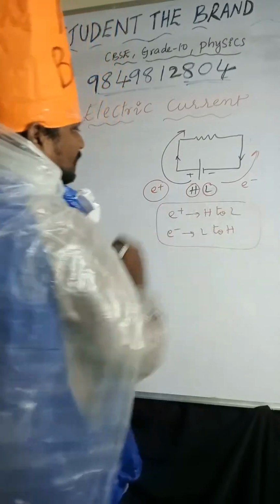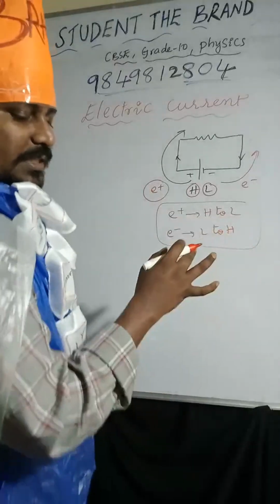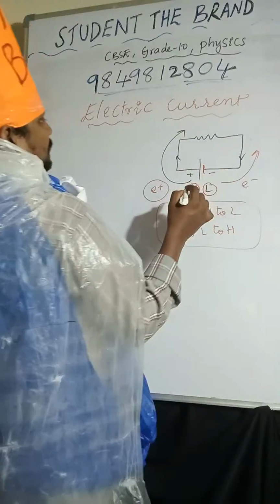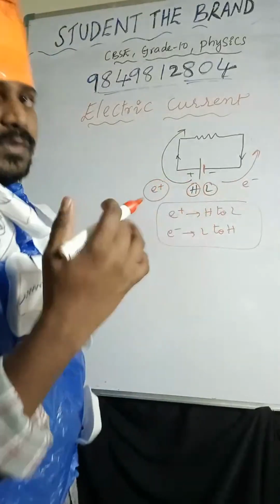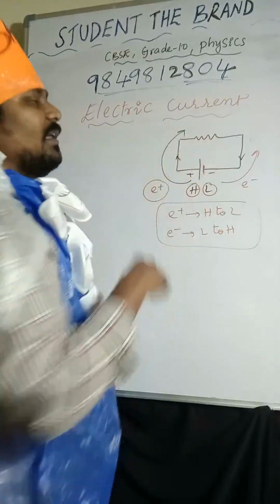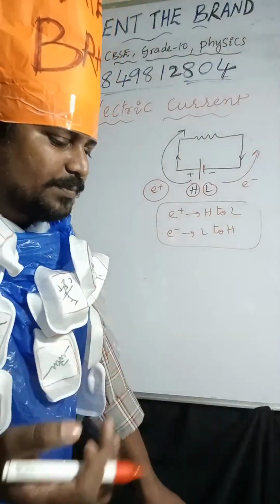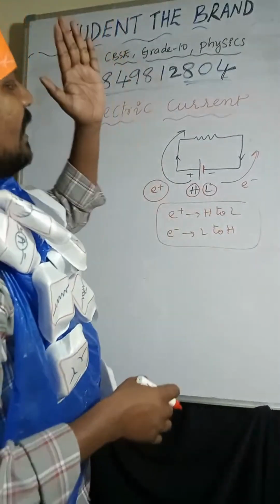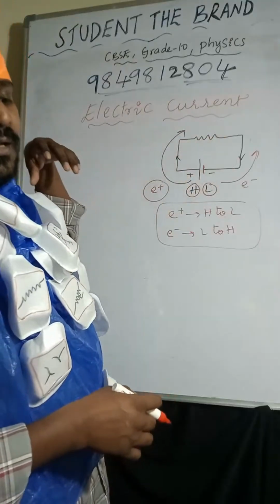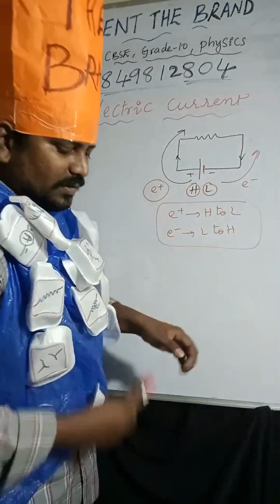We know this one. But charges should move from the negative terminal to the positive terminal inside this cell. So who is responsible for moving that charge from the negative terminal to the positive terminal inside the cell?